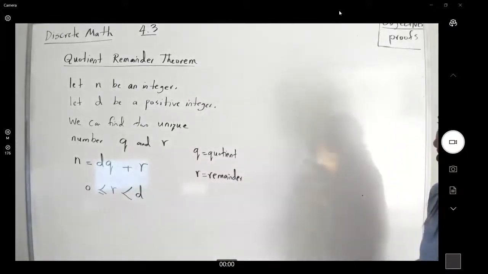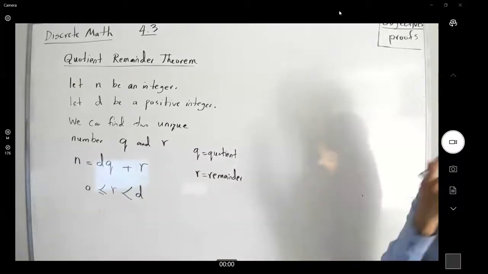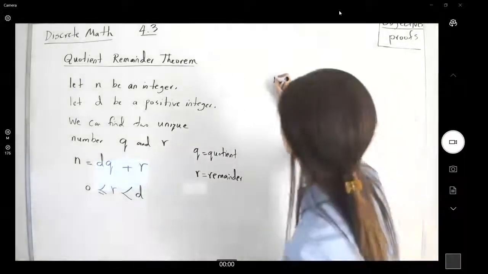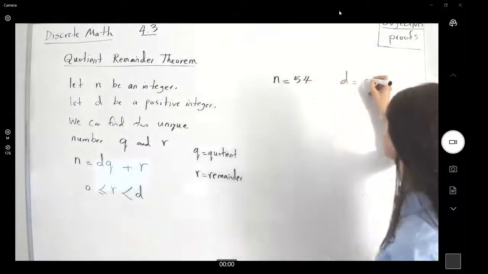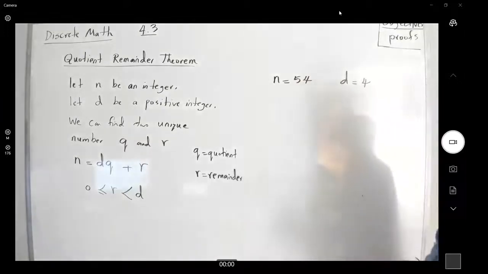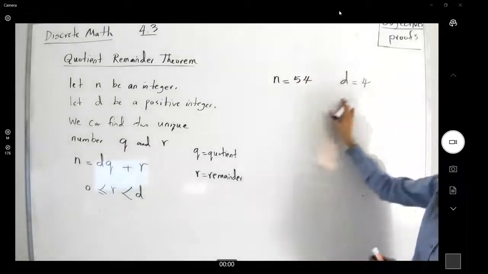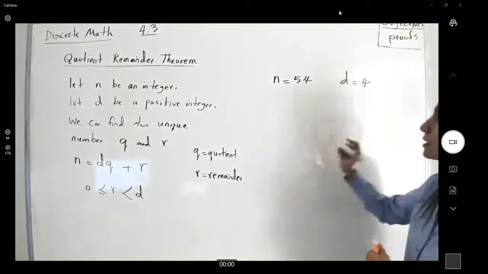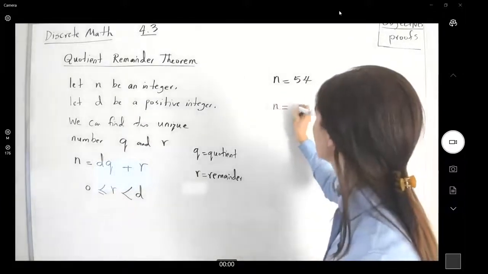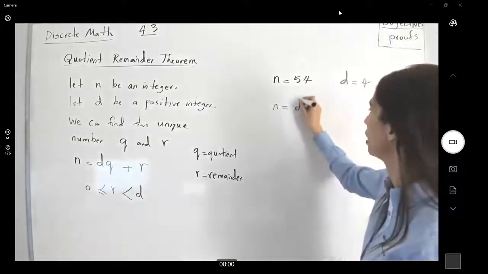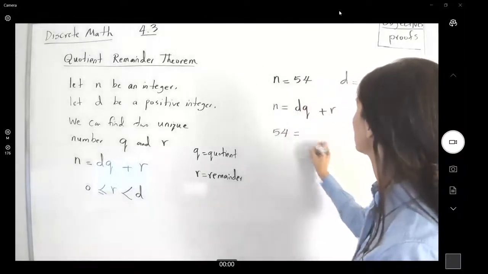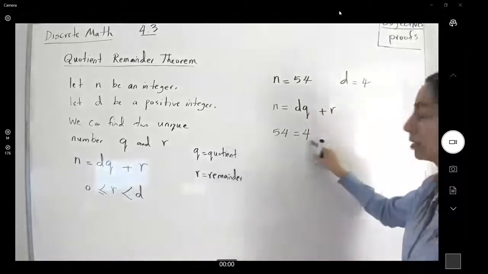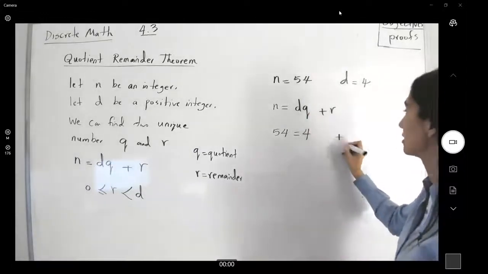Very well. You've used this many times. For example, think about n as 54 and d equal to 4. This is an integer, this is another non-negative integer. n can be written as d times Q plus R. 54 can be written as 4 times a quotient plus a remainder.